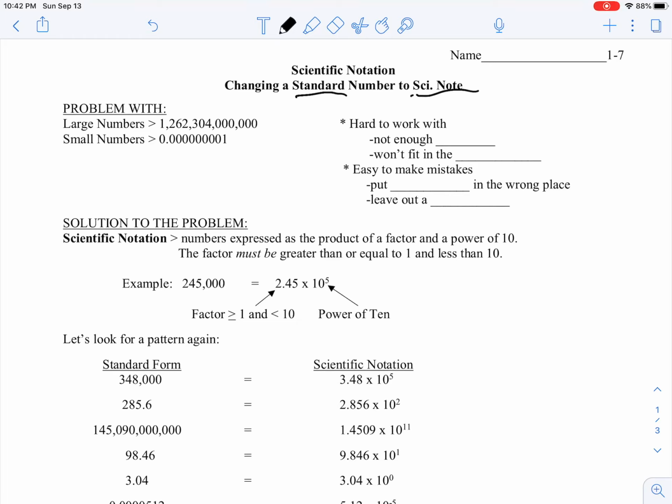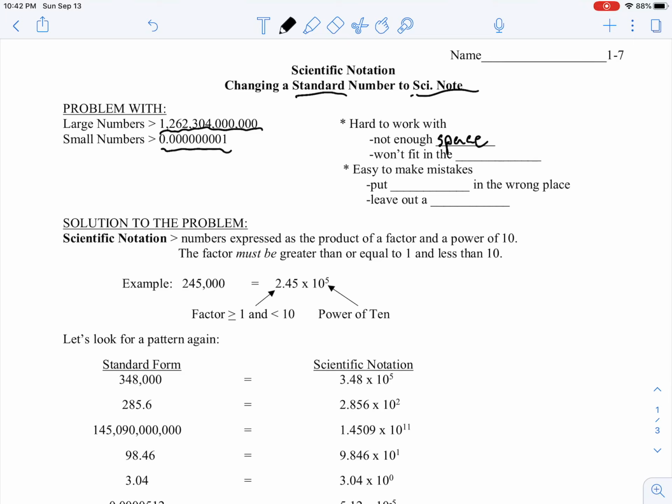So the problem with really large numbers like this or really small numbers like this that take up a lot of places with a decimal, oftentimes when they're gigantic numbers, there's not enough space to work with them.